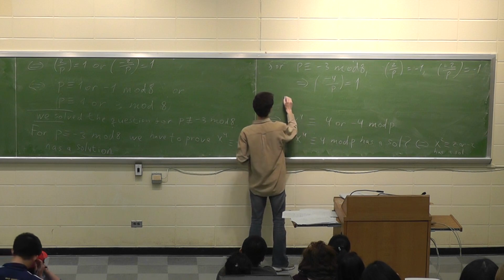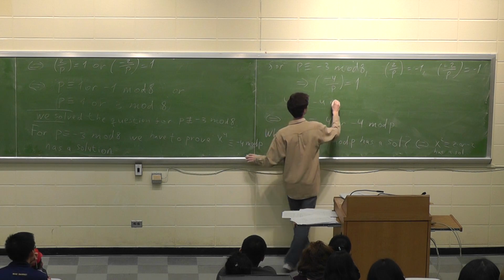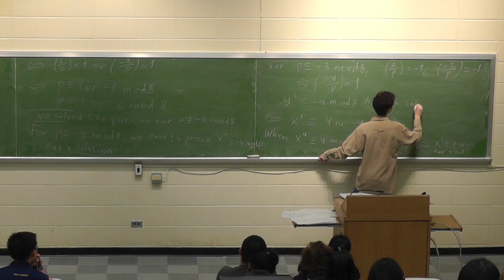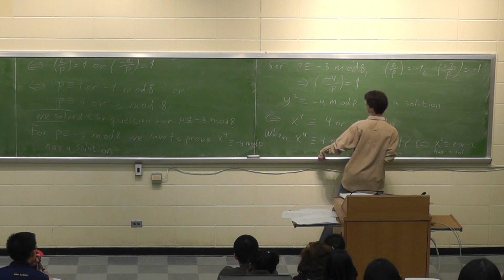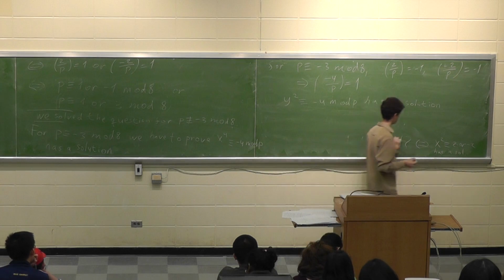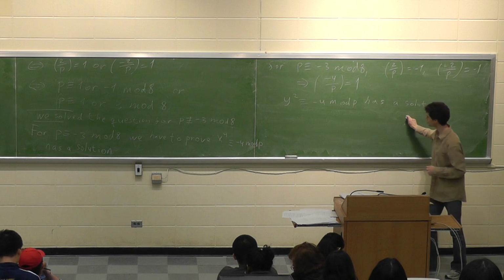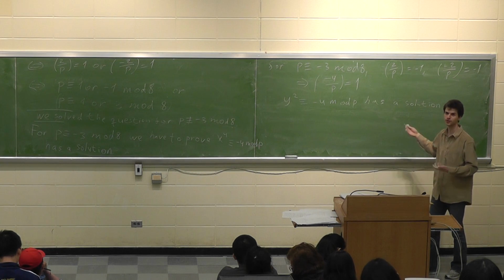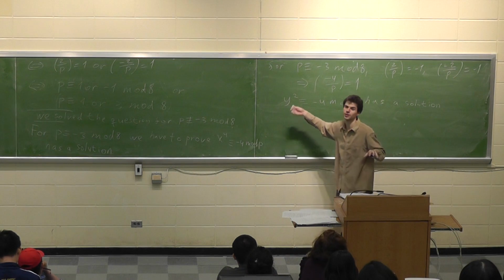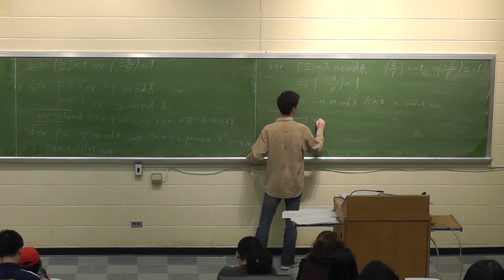It means y squared is congruent to negative 4 modulo p has a solution. It has two solutions, y and minus y. If you fix one, the other one is minus y.